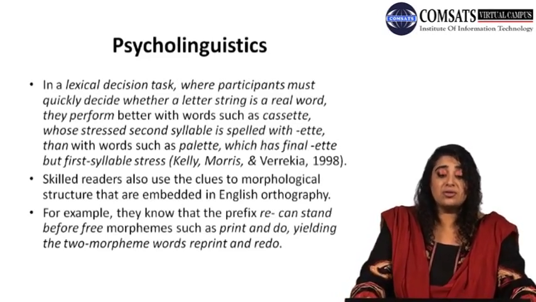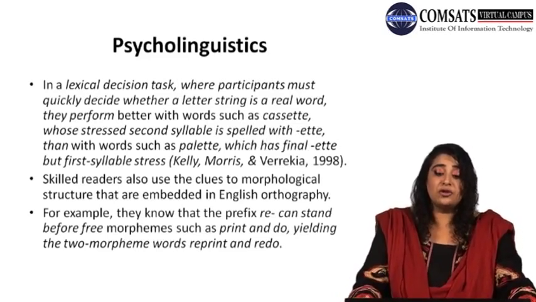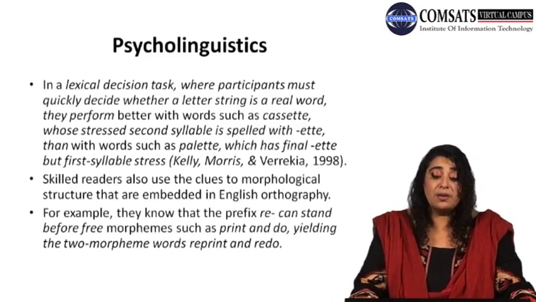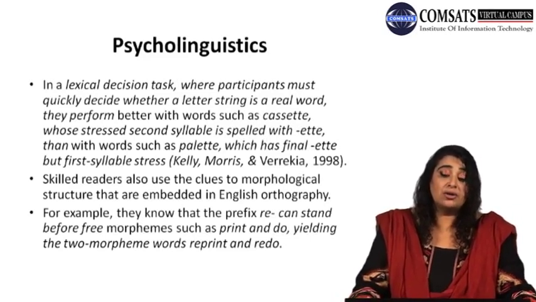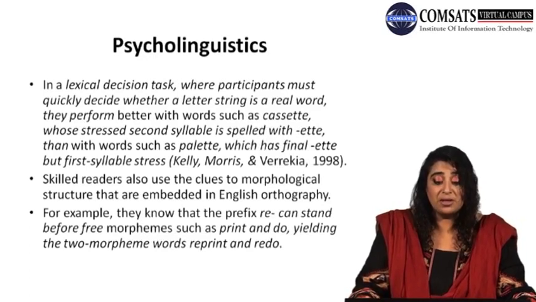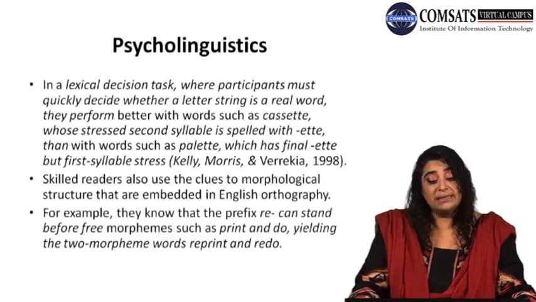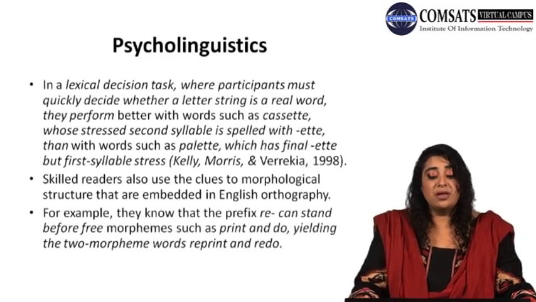Skilled readers also use the clues to morphological structure that are embedded in English orthography. For example, they know that the prefix re can stand before free morphemes such as print and do, yielding the two-morpheme words reprint and redo.